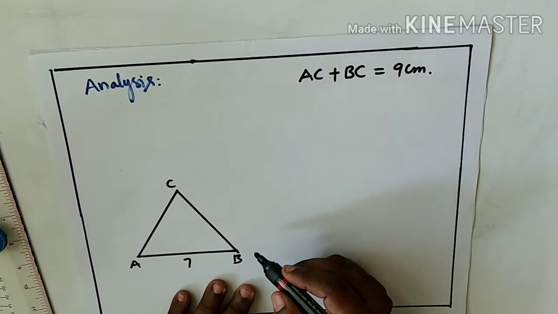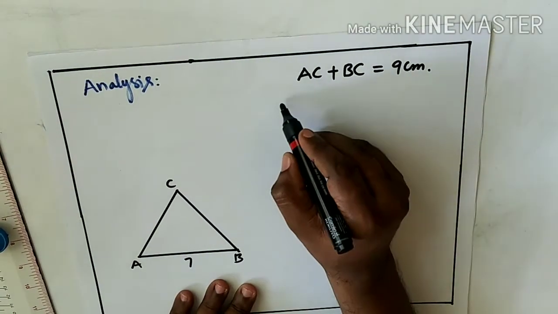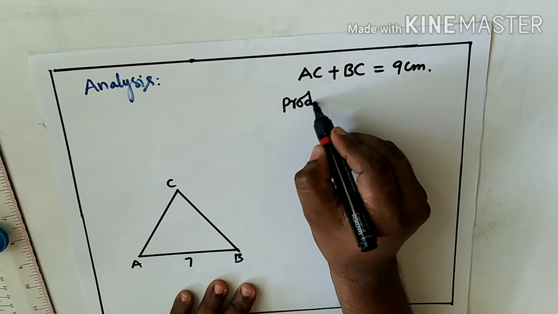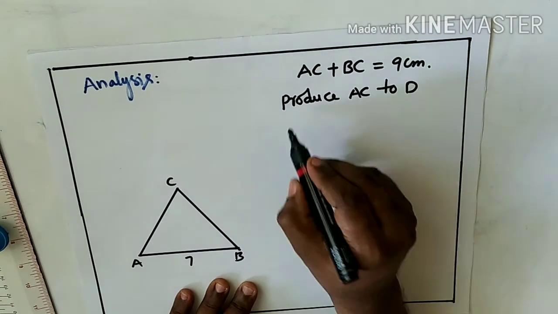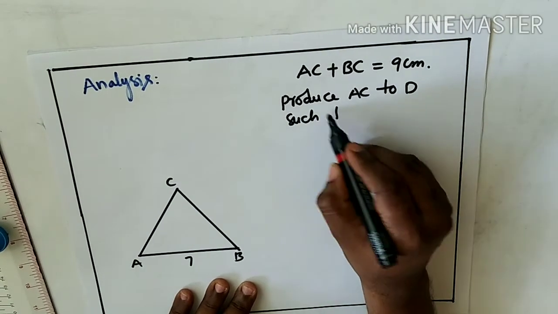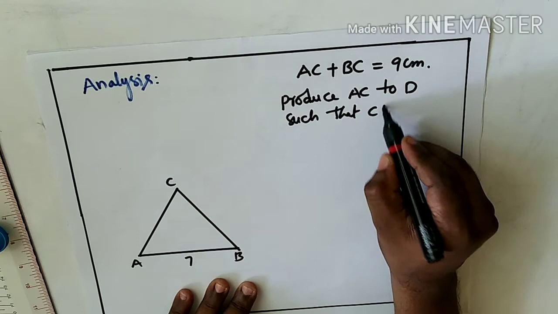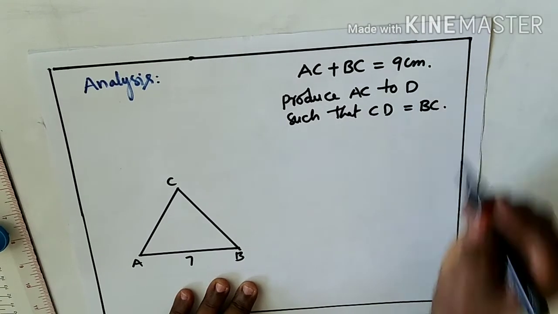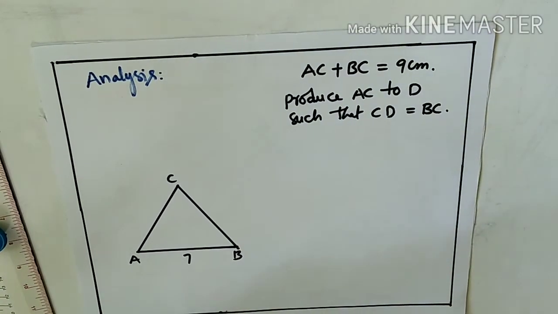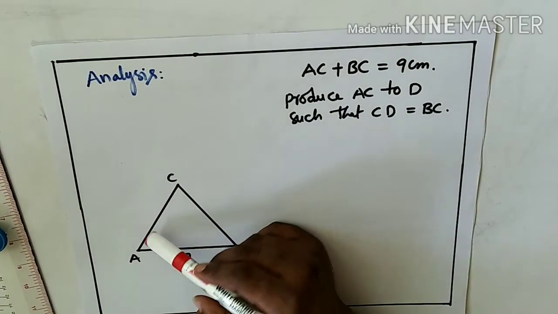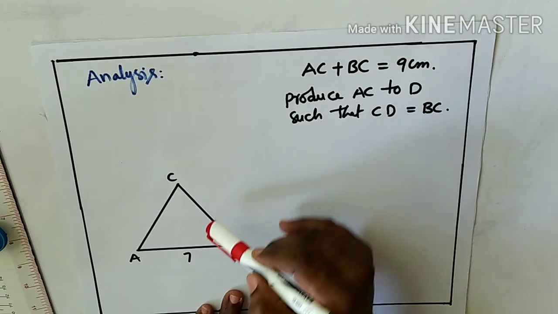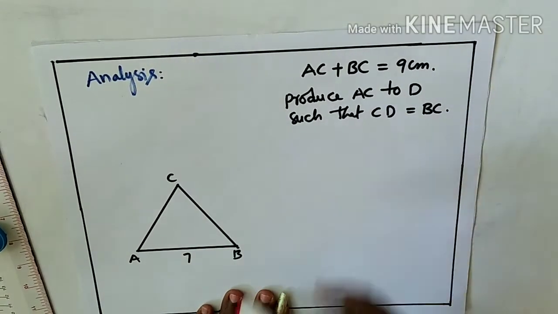Okay, now what I will do is produce AC to D such that CD is equal to BC. So I am producing AC to D such that CD is equal to BC.